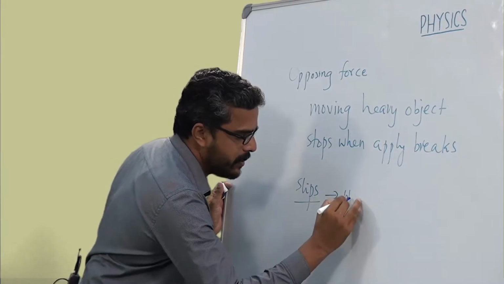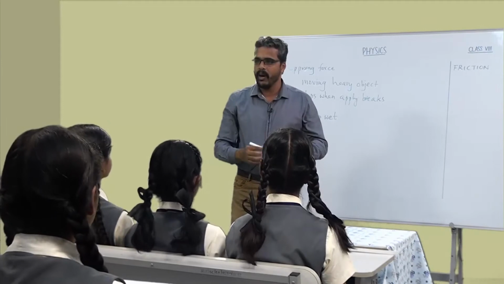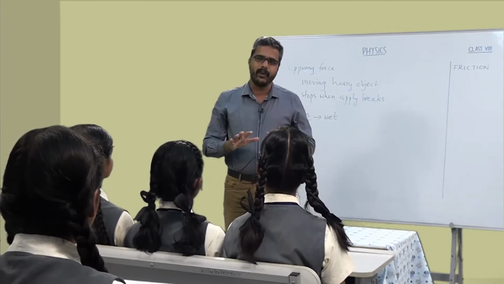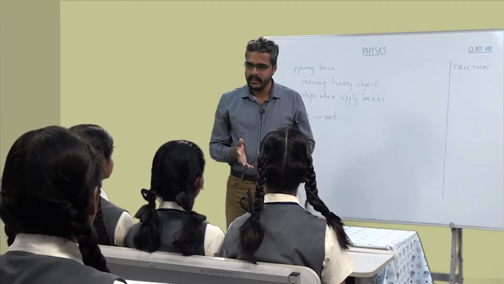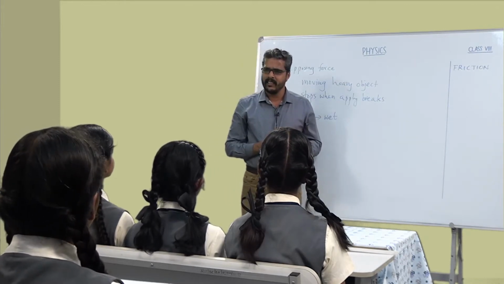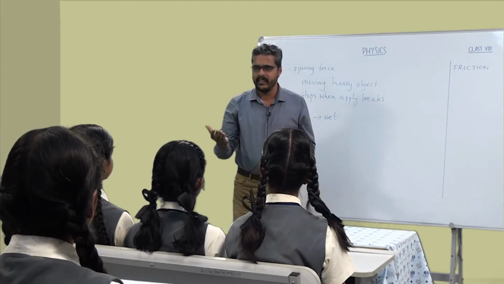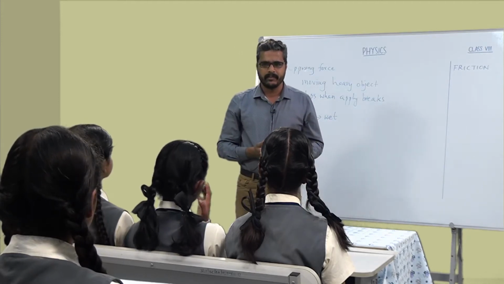Which surface slips? A wet surface slips when you walk. So it will be easy for us to walk on a dry surface. What may be the difference between these two, wet surface and dry surface?